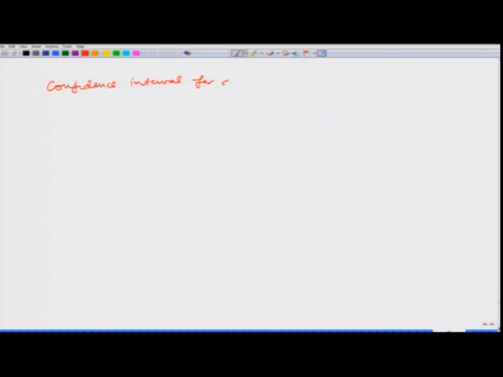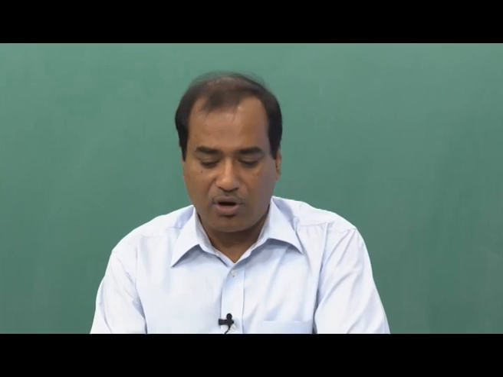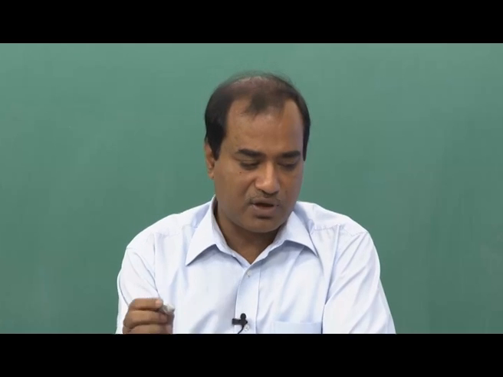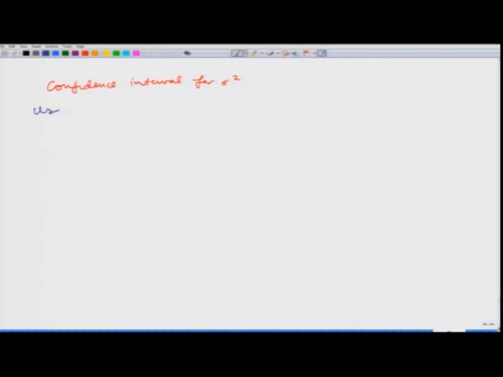for sigma square. So, in order to construct the confidence interval for sigma square, we are going to use the result which we had discussed earlier, that sum of square due to residual divided by sigma square follows a chi-square distribution with n minus 2 degrees of freedom.